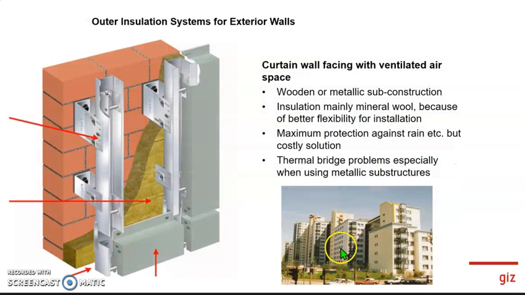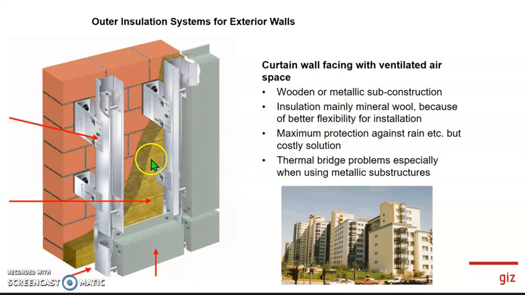So how it is done, we have different versions. One I showed already a bit. Here we have the wall, then we have this aluminium substructure. You have the insulation in between, and then you have a kind of cladding there.